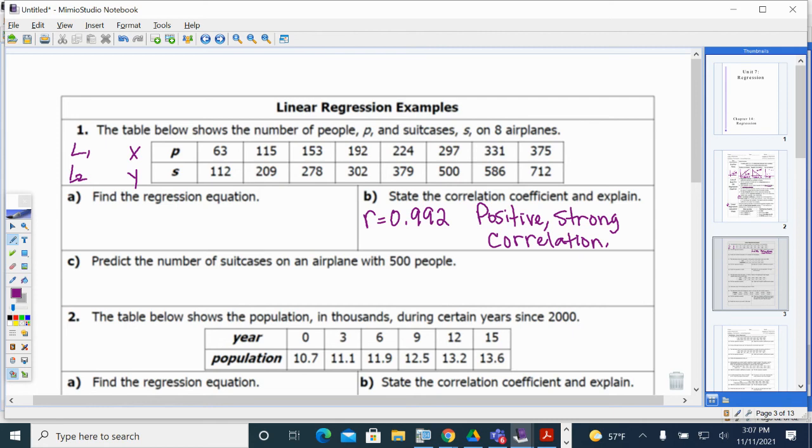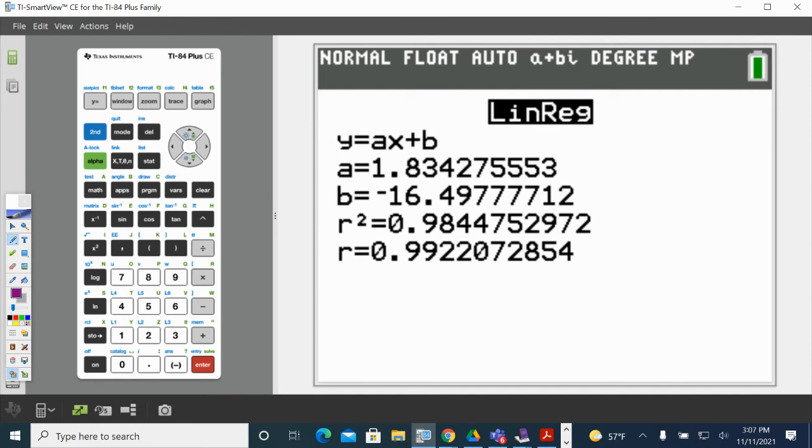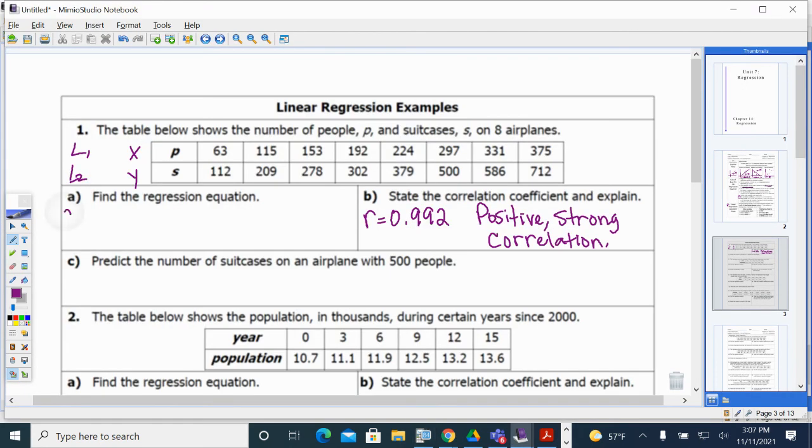Now, as far as the regression equation, I'm going to go back to the calculator, and I want to point out right up here at the top says y equals ax plus b. That's your general equation, and all you have to do is plug in the a and plug in the b. A is equal to 1.834. So I'm going to write that. A equals 1.834.